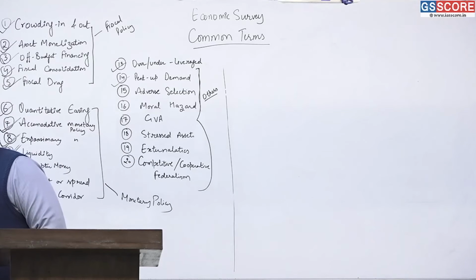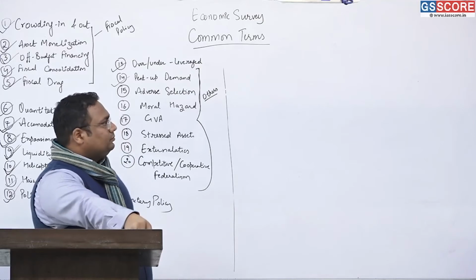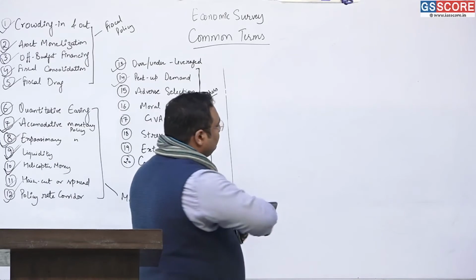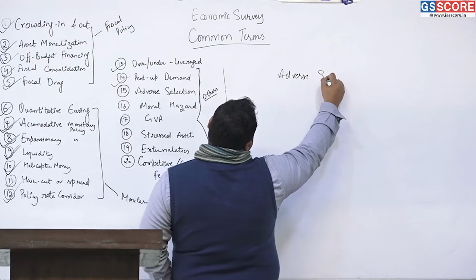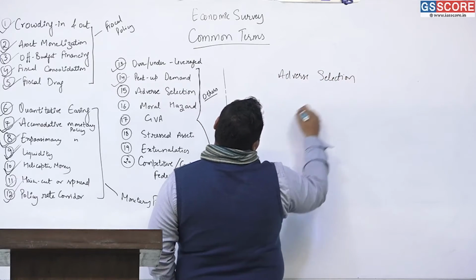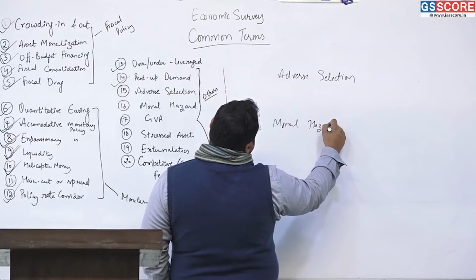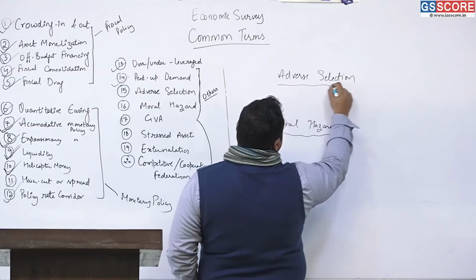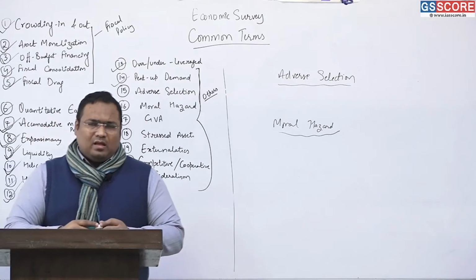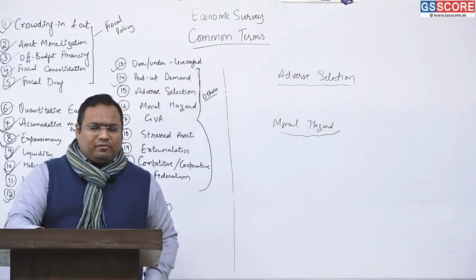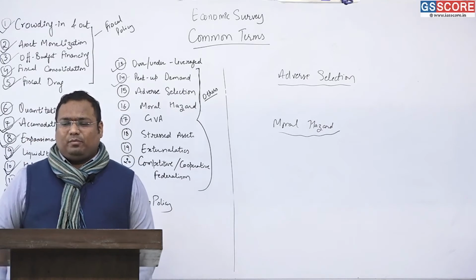The next two terms are interrelated: adverse selection and moral hazard. See, adverse selection happens when there is an agreement and one party in the agreement does not provide complete information.